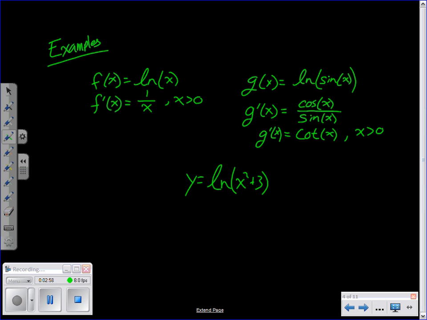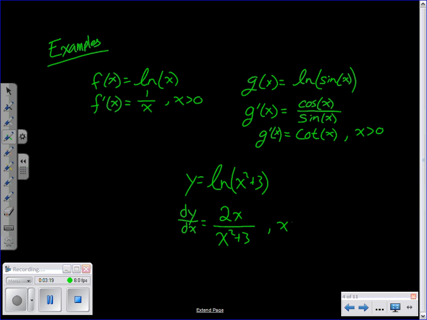Okay, if I look at y equals natural log of x squared plus 3, my derivative here, dy dx, is going to be the derivative of what's inside, so 2x, divided by what's inside, so x squared plus 3. In this case, this is going to be whenever my function is greater than 0.